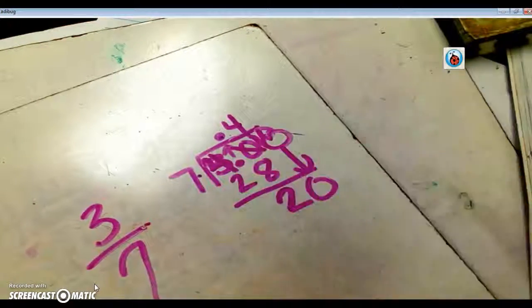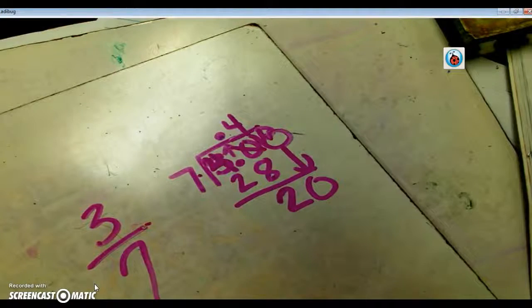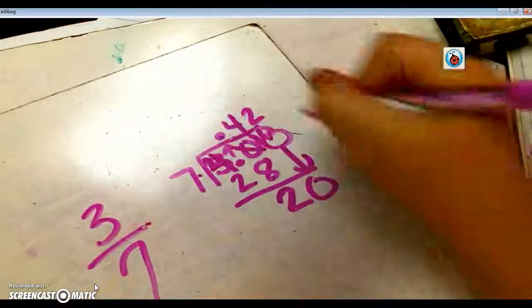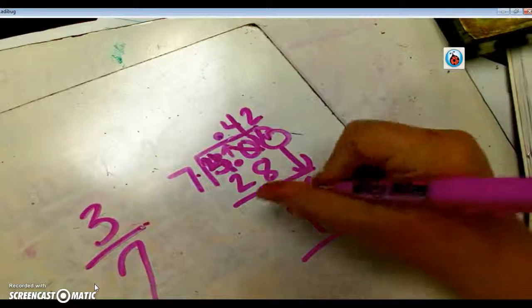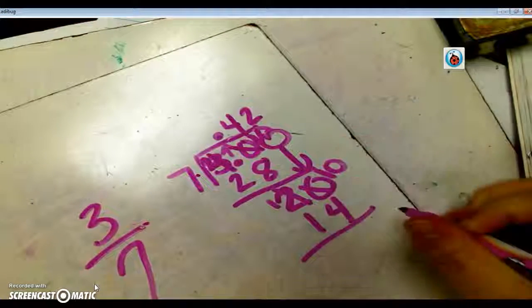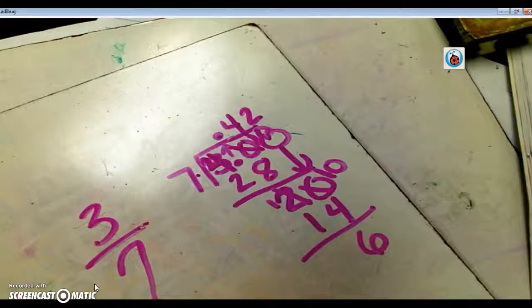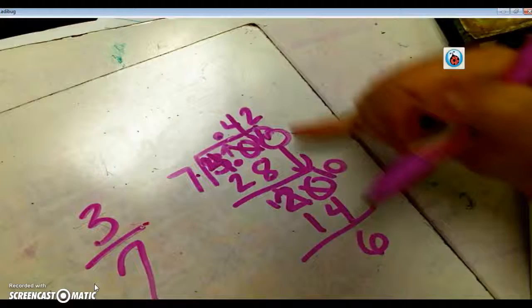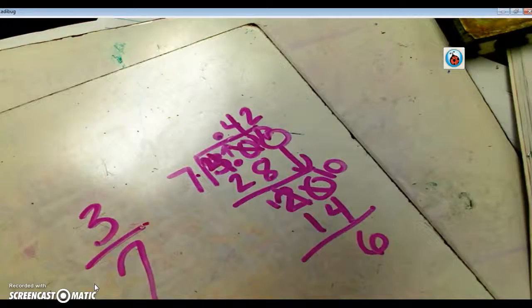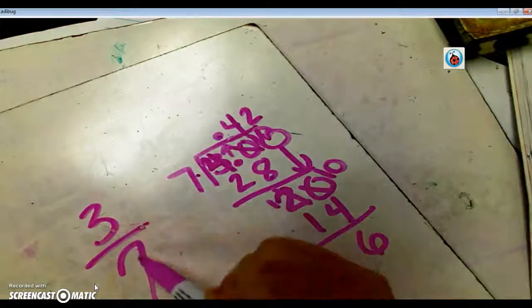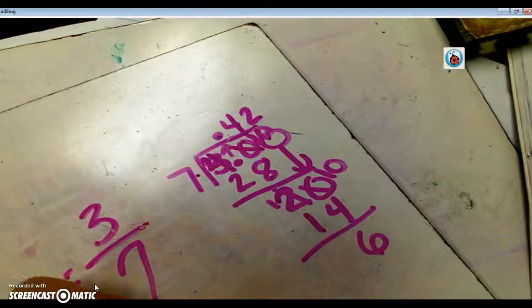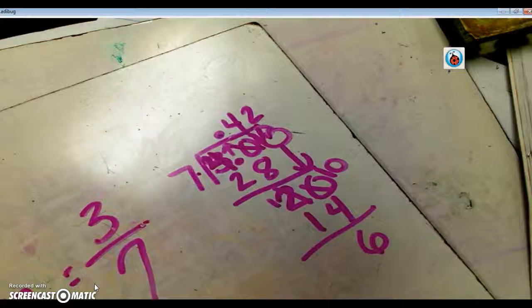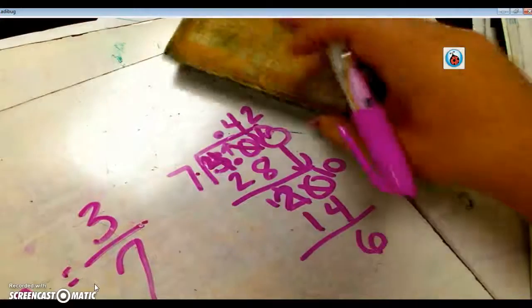How many times does 7 go into 20? Twice, giving me, when I subtract, 6. You would add another 0 and carry that out 3 spots, but you could say that 3/7 is pretty close to 0.42. So you have to add that decimal point and that 0.